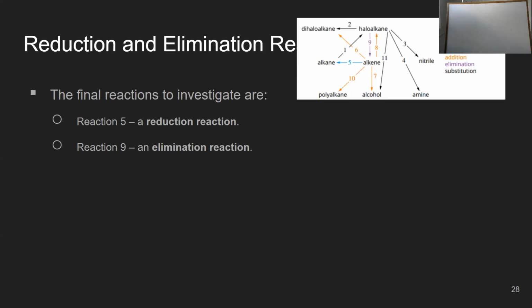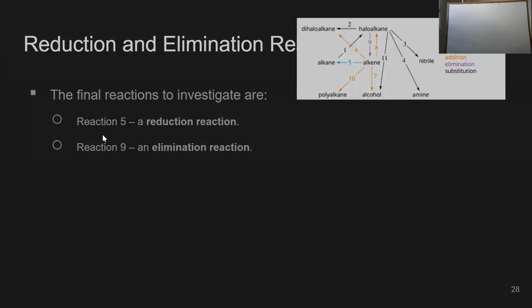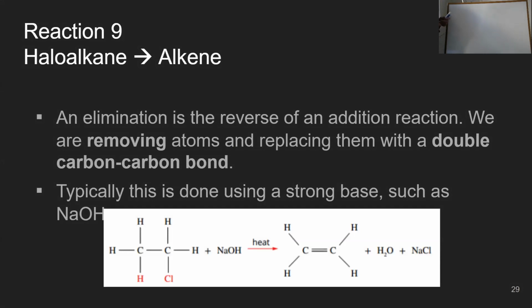Reaction 9 is an elimination reaction from a haloalkane to an alkene. The elimination reaction is reforming the double bond. So we have a haloalkane to an alkene.